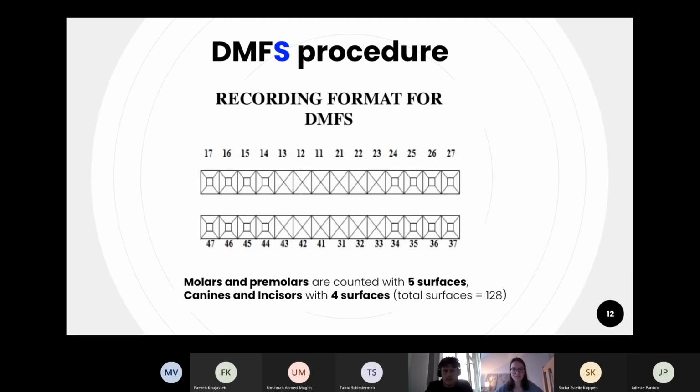So in this case, you would just write into this chart where you can see, for example, the caries, and then it's great to see where exactly the caries is. And you're going to have a total surface of 128.